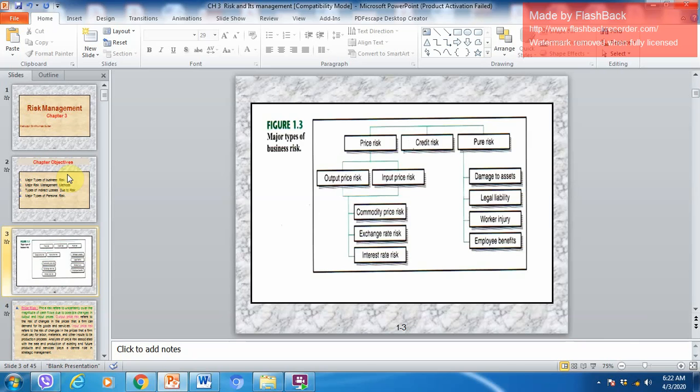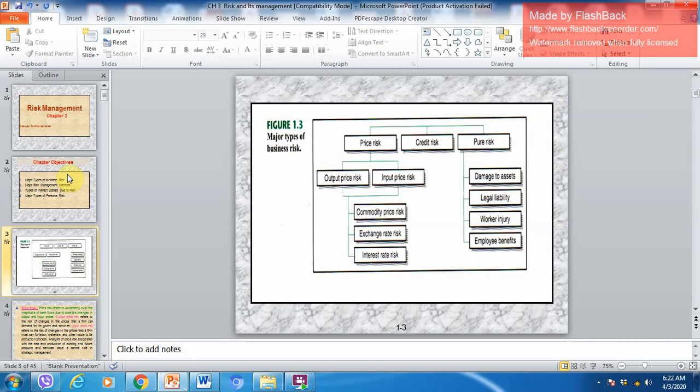Business risk. The term business risk refers to the possibility of a business making inadequate profit or even losses due to uncertainties. It means any business, either hospital, market or manufacturing unit, is not getting its target. Whatever the targets and goals are set, it's not meeting them for some reason.